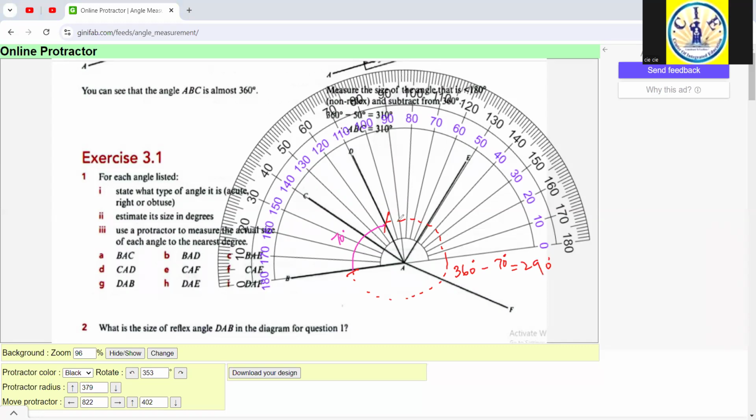So this is the angle we need to tell, the reflex angle, which is 360 minus this acute angle, 70. So the required reflex angle DAB is 290 degrees. So that completes our question number 2 and exercise 3.1.